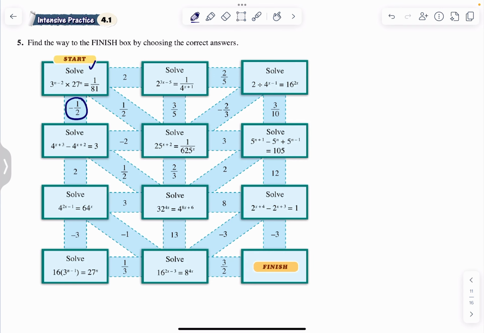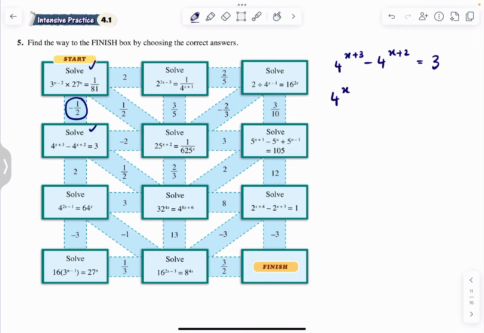Okay. So we have to go this way. Now we have to solve this: 4 power (x plus 3) minus 4 power (x plus 2) equals 3. Here, since the number bases we cannot make the same, what we do is we expand this.